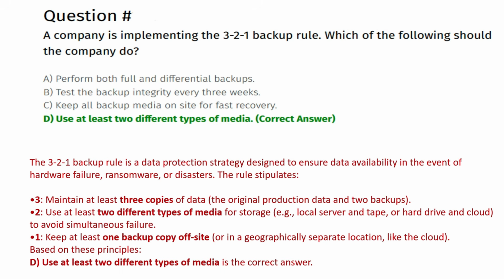And the explanation is, the 3-2-1 backup rule is a data protection strategy designed to ensure data availability in the event of hardware failure, ransomware, or disasters.